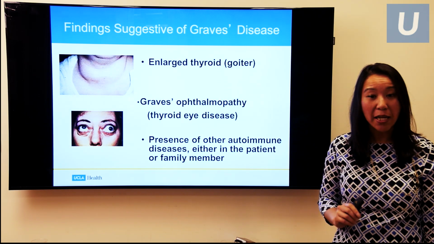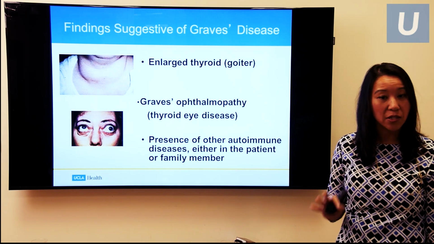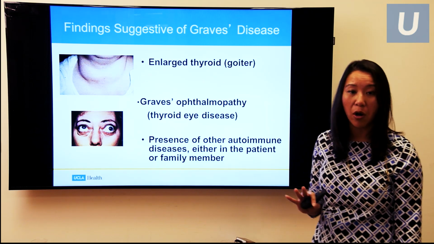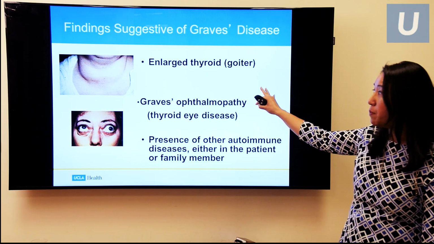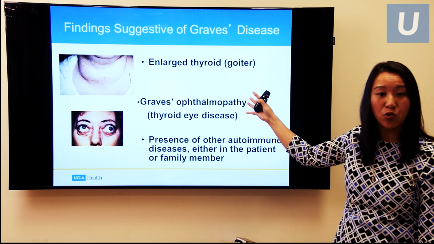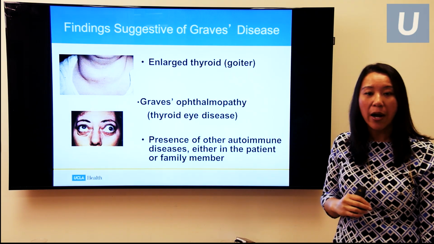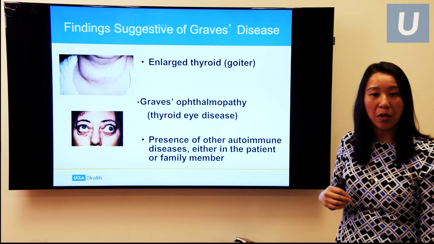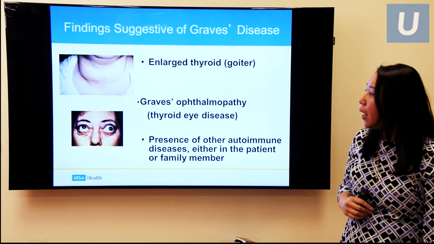Now, findings suggestive of Graves' disease, because it is an autoimmune disease, are a little bit more special. Frequently, folks might present with an enlarged thyroid. This is an extreme example that I've shown here in the picture, something we call a thyroid goiter.